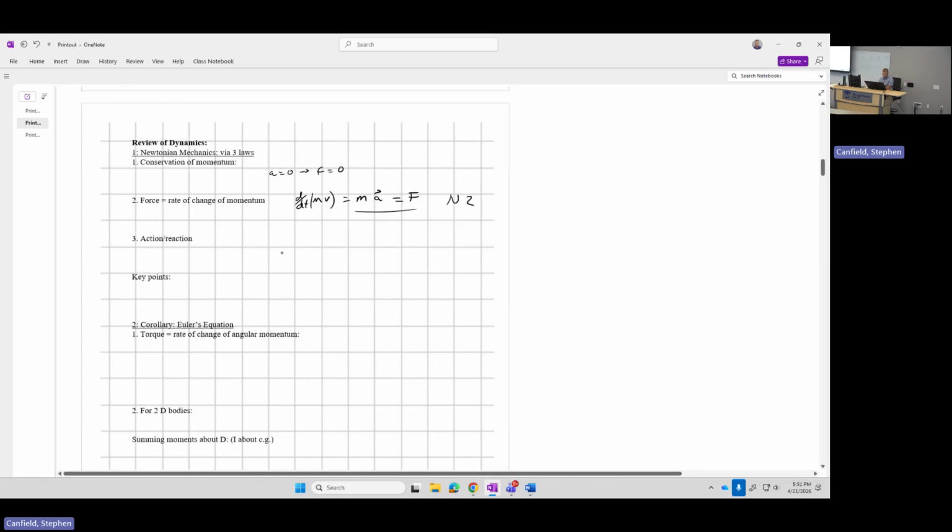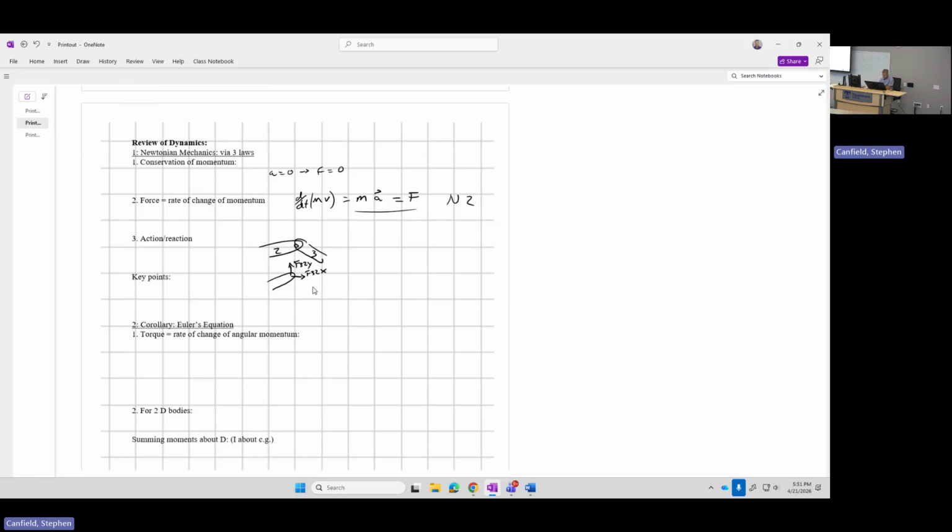And then the third equation is the action-reaction. If I have 2 bodies and I'm looking at that intersection here, I pull them apart like so. Let's call these 2 and 3. There's a force of body 3 acting on 2, and there's the x component and the y component.